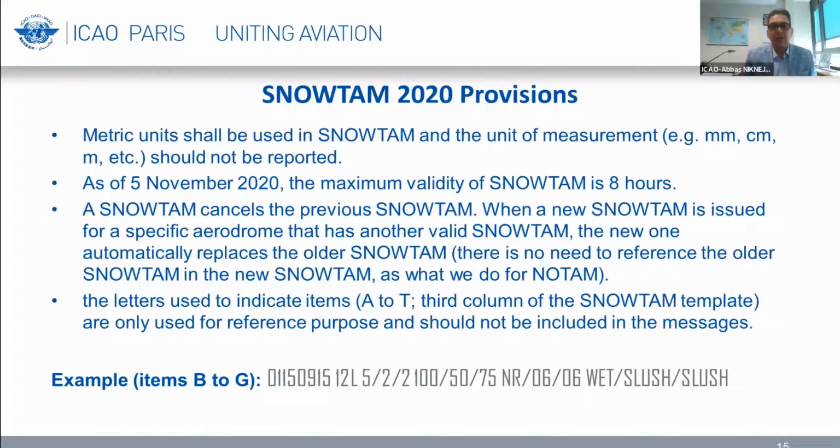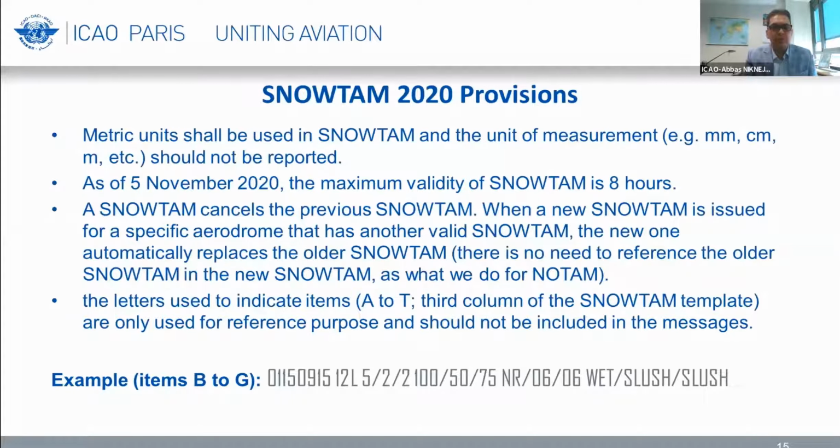So after 8 hours, if nothing has been issued, then it means that nothing exists for that runway. If you issue a Snowtam within 8 hours of a previous Snowtam for a specific airport with the location indicator of that airport, it automatically cancels the previous Snowtam and replaces it.